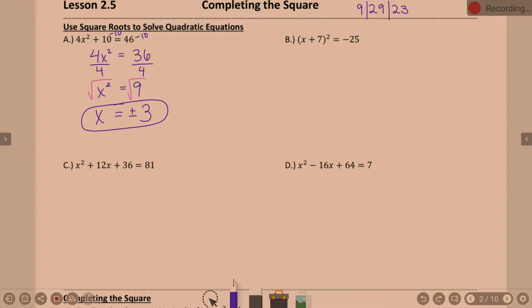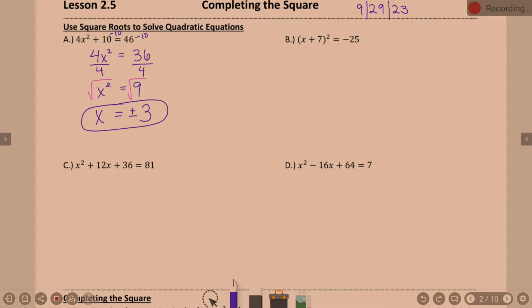Okay, thoughts on B? One option is to distribute or FOIL. So take x plus 7 times x plus 7 and FOIL it out.